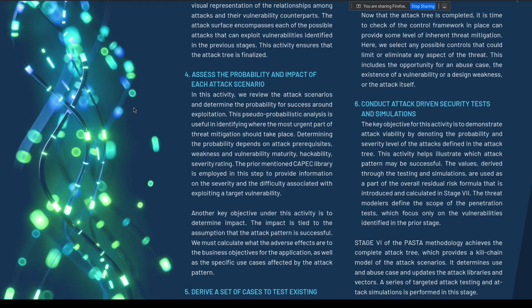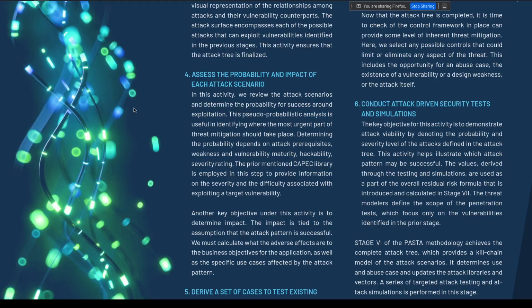This is how we map the probability with respect to the attacks that we have derived in this stage, and then we also identify the impact of the attacks. This again maps to the business requirements as well.